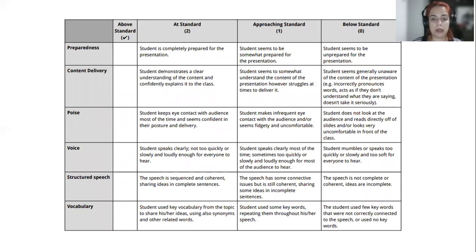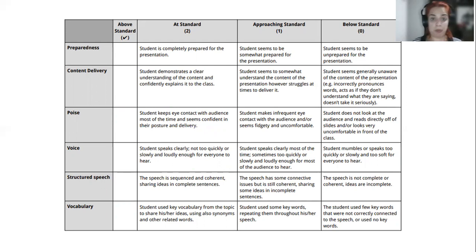We can evaluate seventh graders on an exposition about a book that they're reading, and high school students maybe about something like feminism, technology. So we could actually use this rubric for any topic.